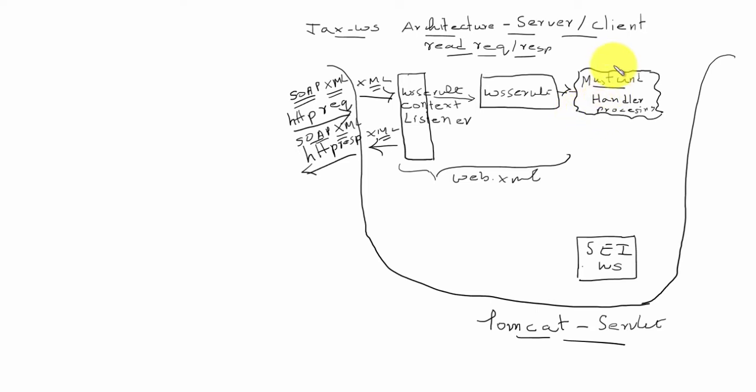It's an optional step. The must understand processing or handler processing is carried out by some other programs which you are writing. Generally, this is not required. If you are writing this kind of programs for must understand processing or handler processing, it will be there. Otherwise, it will not be there.